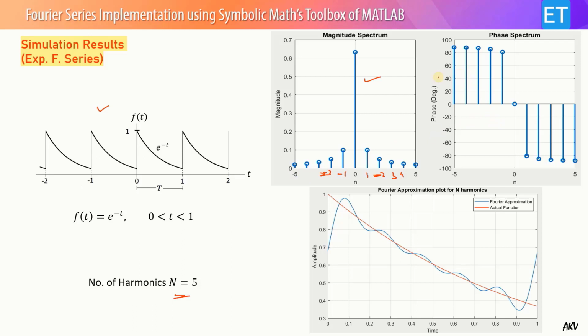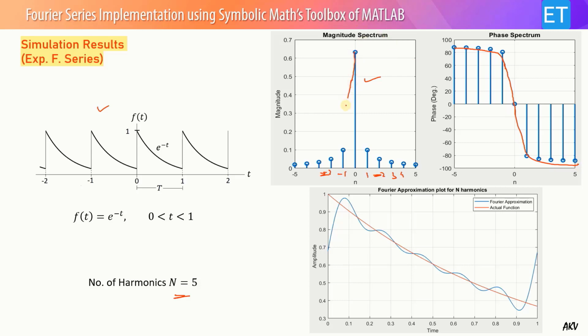As I said, this exponential Fourier series spectrum actually creates the base for the Fourier transform. So if you take the Fourier transform of e power minus t and plot the phase and magnitude spectrum, you will get the same shapes for magnitude and phase spectrum.